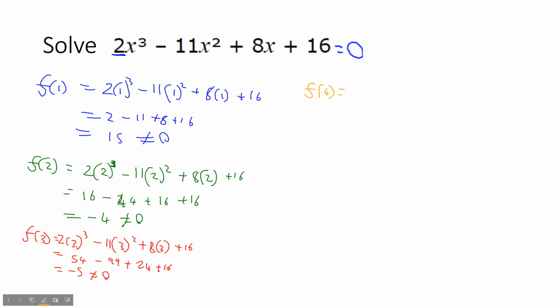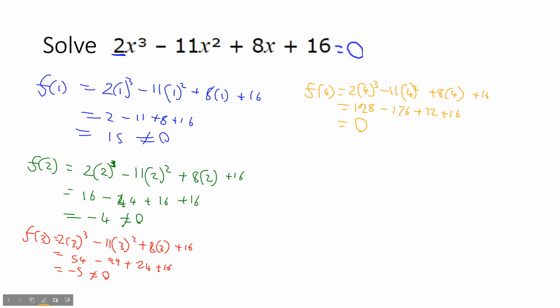We get 2 times 4 cubed minus 11 times 4 squared plus 8 times 4 plus 16. And we're left with 2 times 64 is 128 minus 11 times 16, which is 176, plus 32 plus 16, which is equal to 0.